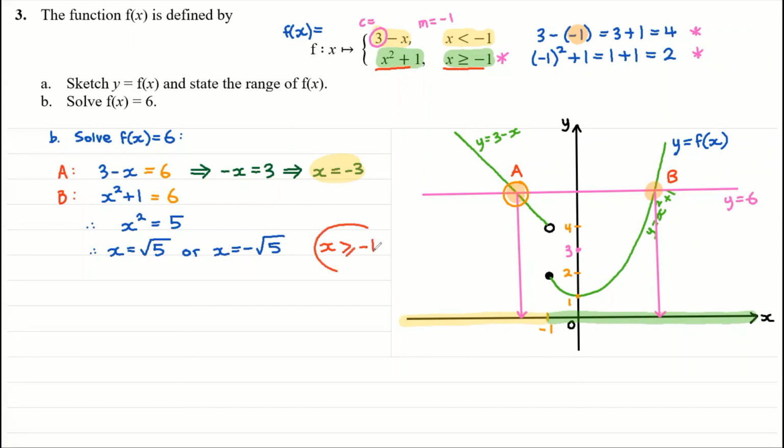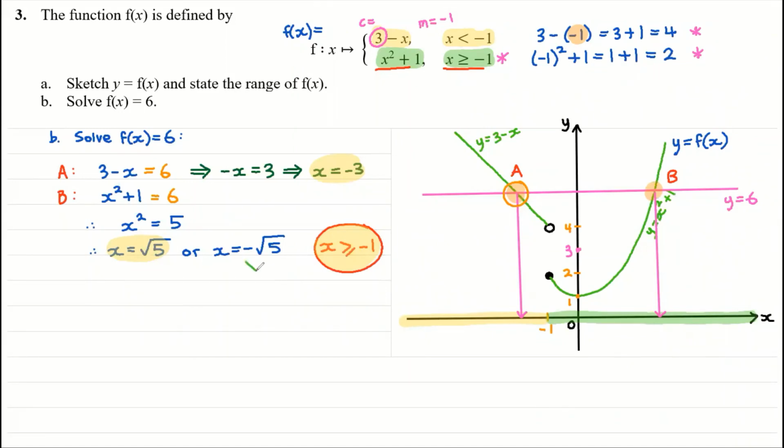I'm going to put that in a bubble and highlight it because it's so important. That graph, x squared plus 1, is only valid when x is greater than or equal to -1, as you can see. So which one are we going to accept? Well, the only one we can accept is the positive root, because the second answer, the negative square root of 5, is going to be less than -1.